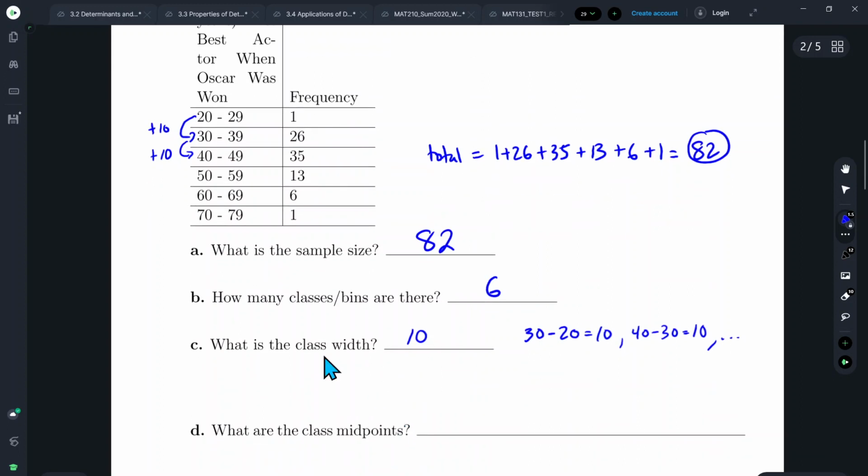Okay, so what about the class midpoints? So here now we use the upper and lower limits, right? So you just add them up and divide by 2, right? So for example the first one, you have 20 plus 29 divided by 2.